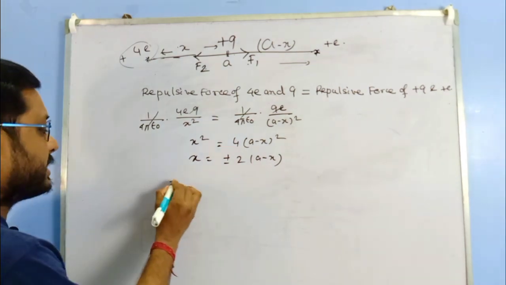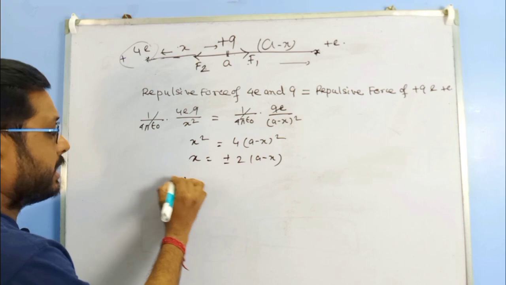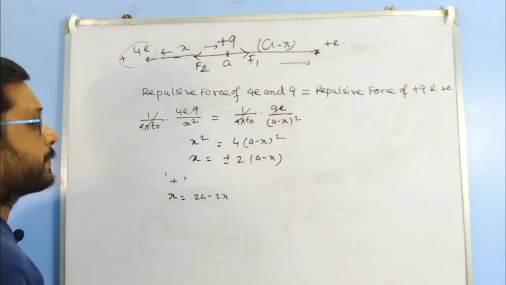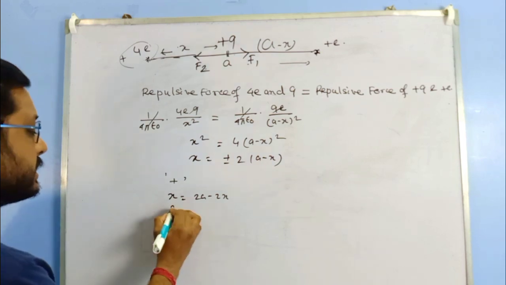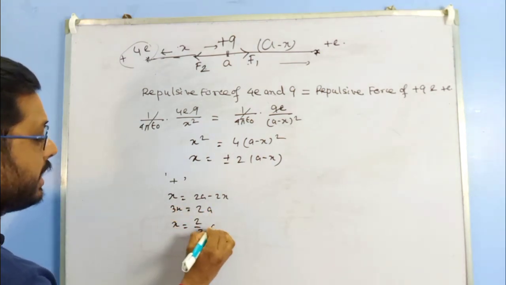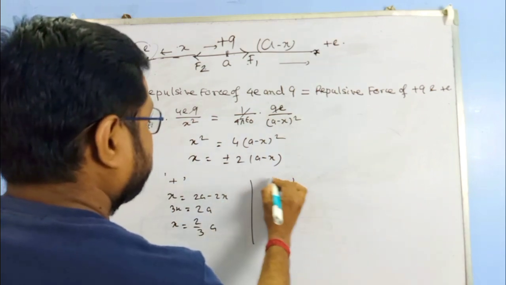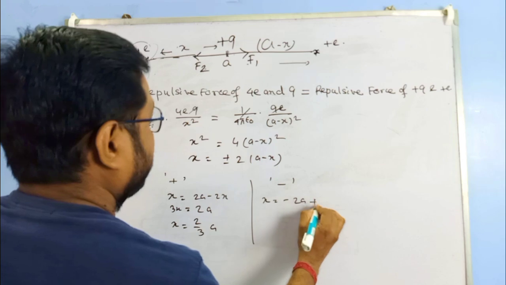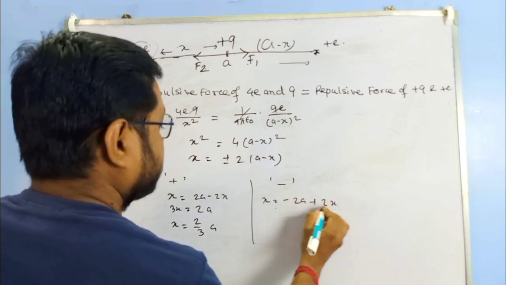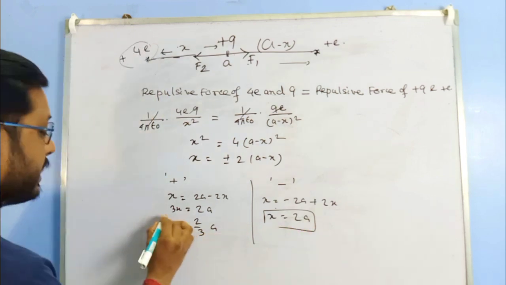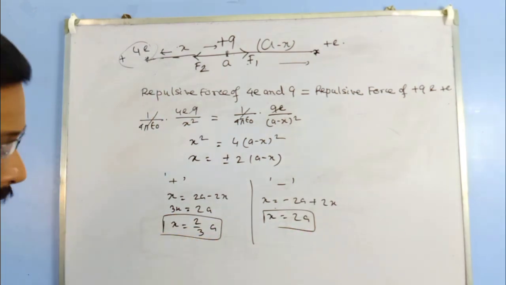If we take the plus sign, then x equals 2a minus 2x, so 3x equals 2a, or x equals 2/3 a. If we take the minus sign, then x equals minus 2a plus 2x, that is x equals 2a. So we get two values of x.